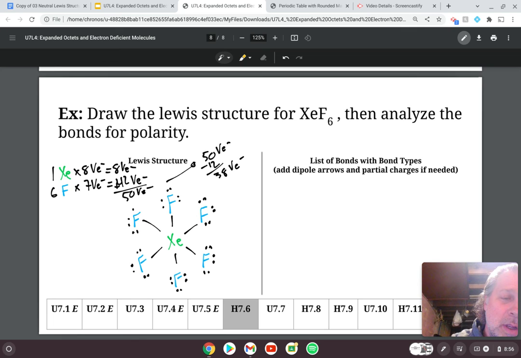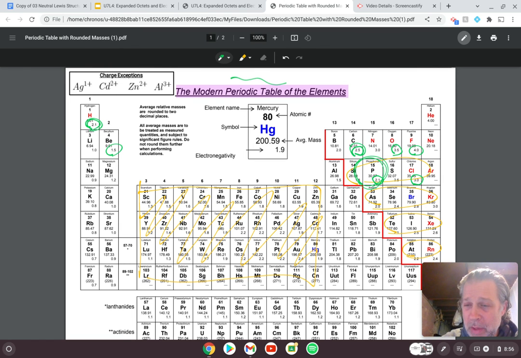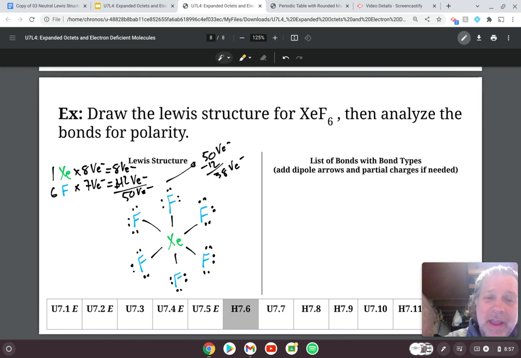Now, here's the issue. Because xenon is an element that can have an expanded octet, there are rules, but for the scope of this class, there's kind of no rules to how many electrons it can have around it. So we're going to take that last set of electrons and just throw it right there.